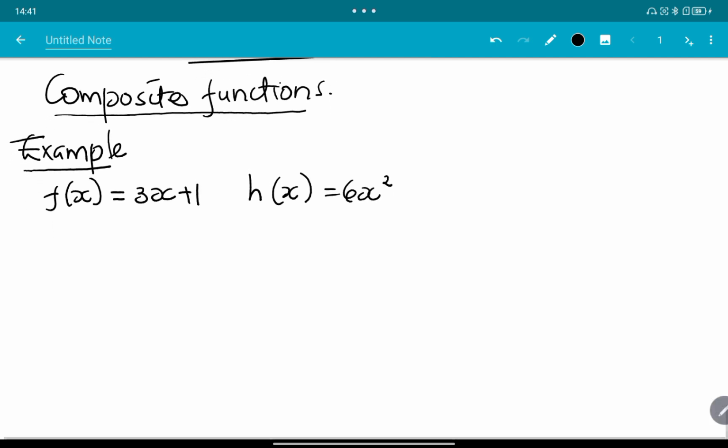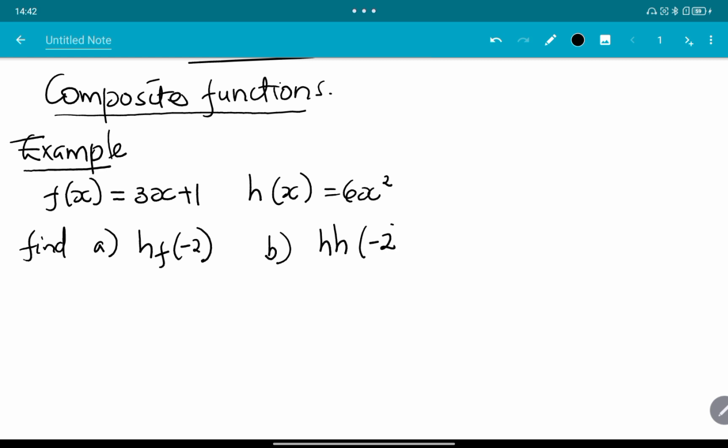Then these are the questions you can get: a, find h of f of negative 2, and b, maybe asking h of h of negative 2.